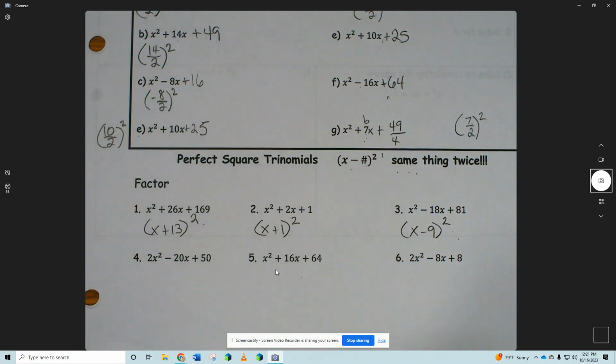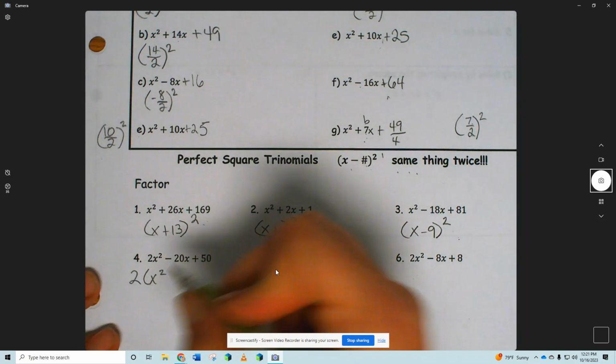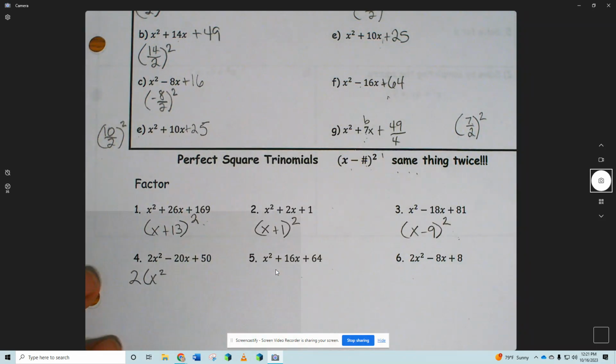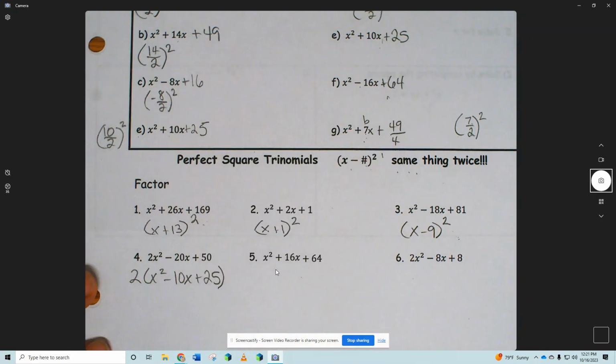I threw in a number 4, and it has a 2 in front. There's something I need to do first. GCF. So divide everything by 2.